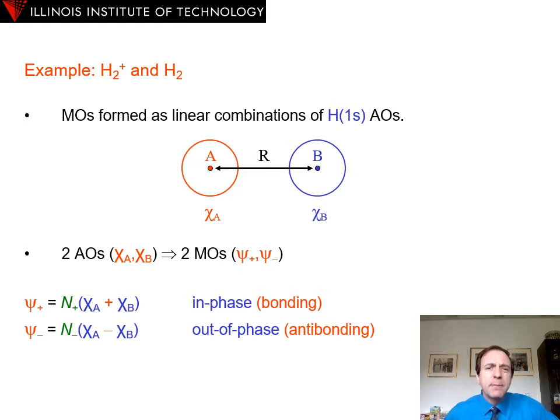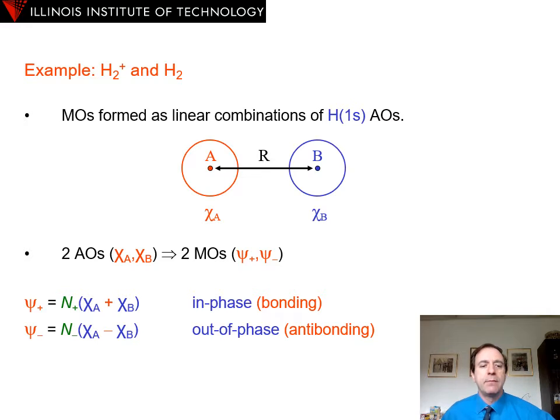And so very similar to the way we did hybridization, we're going to have to do this combination where we have two orbitals resulting.